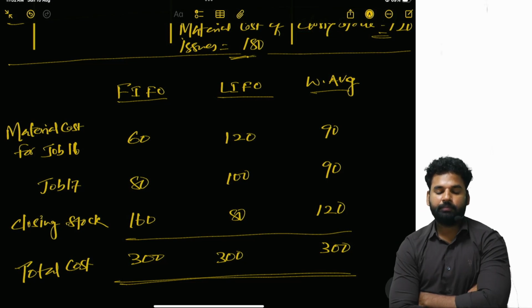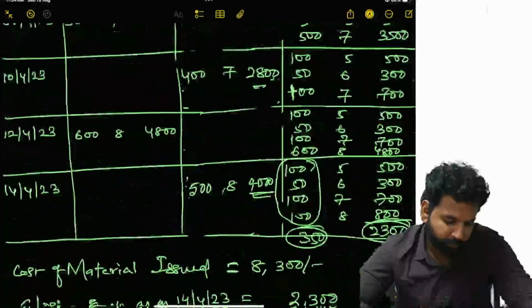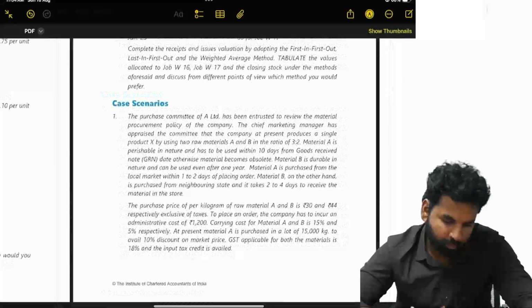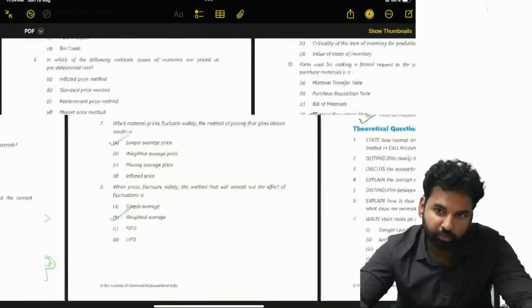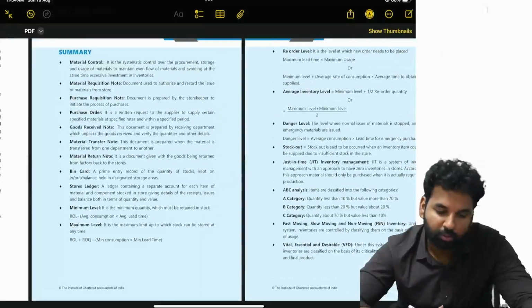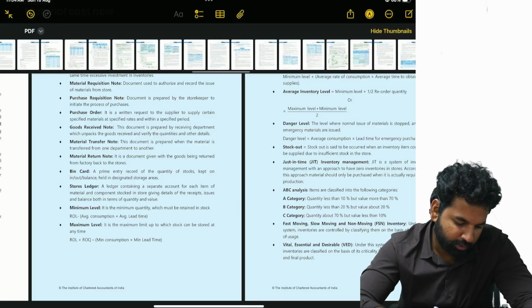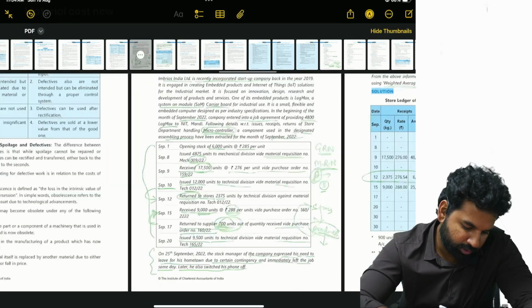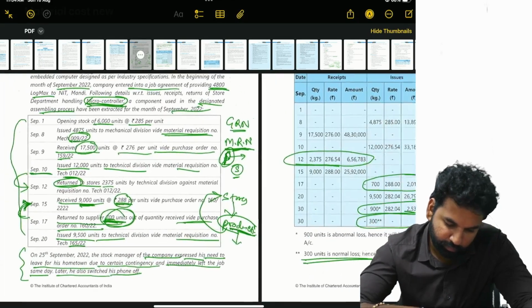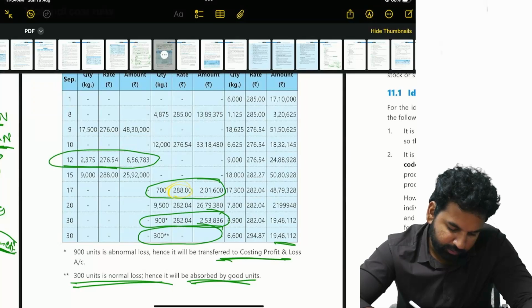Understood? Okay, the issue is returns to suppliers, and we have to take the invoice value. The balance of stock is at price. Illustration photo. So for this return, 288 we have to take. This is correct, no?